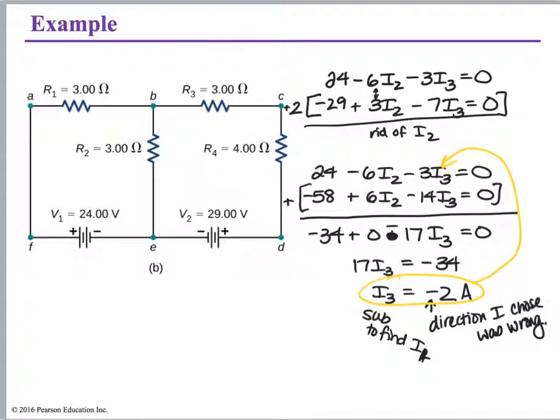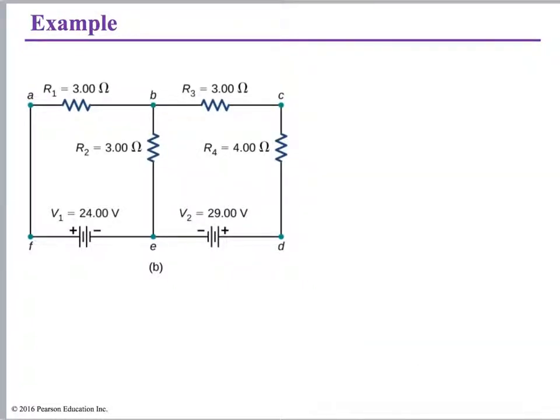Okay, so let's see that work. We get 24 minus 6I2 minus 3I3 equals 0.